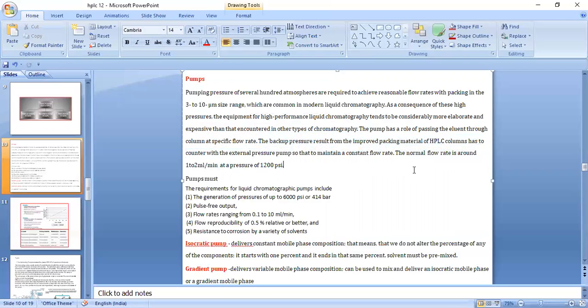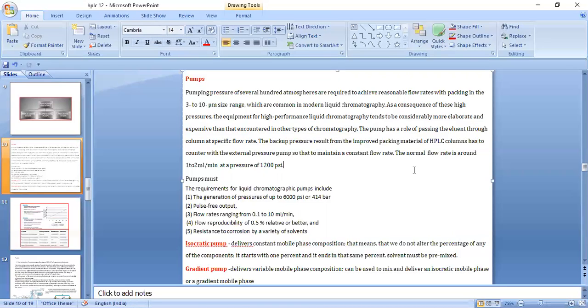That is what I was explaining to you: the pump has two jobs. The first is that it gives enough pressure to the solvent to maintain a reasonable flow rate through the column. Second, since we have a strong packing material, strong in the sense that it is very closely packed and the particle size is very small, there is a back pressure on the solvent because of the improved packing material. To counter that back pressure, we need an external pressure pump to maintain a flow rate.